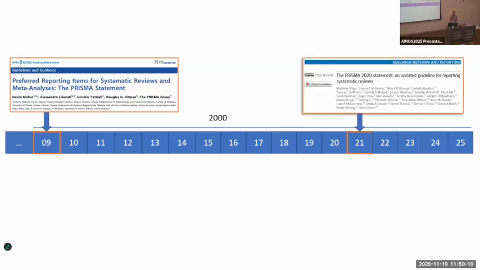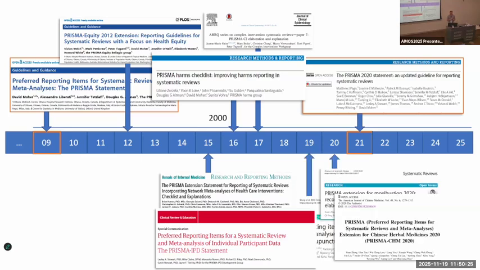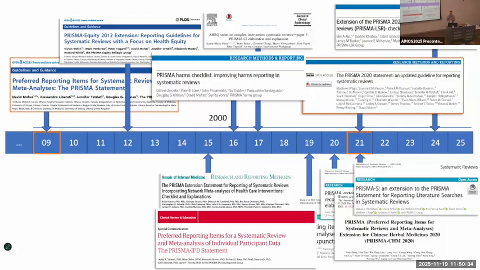But in between that period, several extensions came out in the mid-2010s, focusing on different types of outcomes or methods that might be used in a systematic review. There was a bit of a mad flurry just before Prisma 2020 came out, with a few more being published, focusing on particular types of interventions. And since Prisma 2020 has come out, there's been a couple more extensions that are extending the new Prisma.